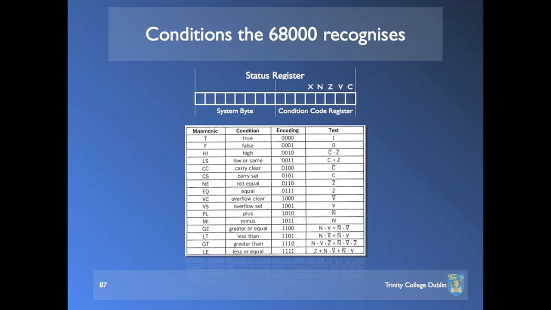Now, I'm definitely going to be using the add with extend instruction. When you look at the add with extend instruction in your instruction set summary, you'll find that it requires either both operands to be in data registers, or both operands to be addressed using address register indirect with predecrement, which is an addressing mode that we haven't looked at yet.